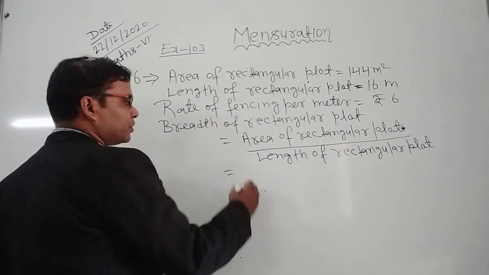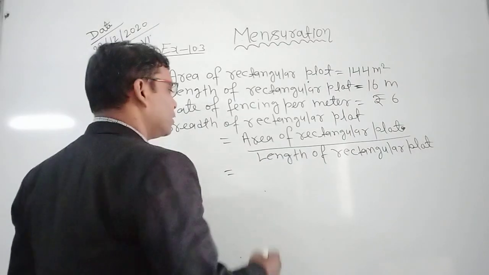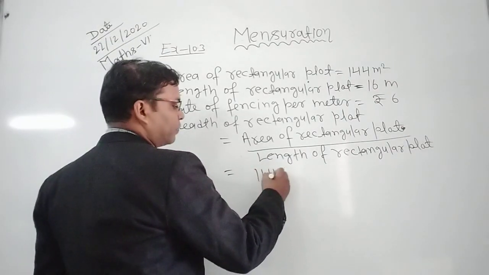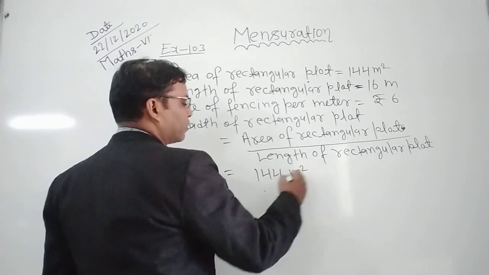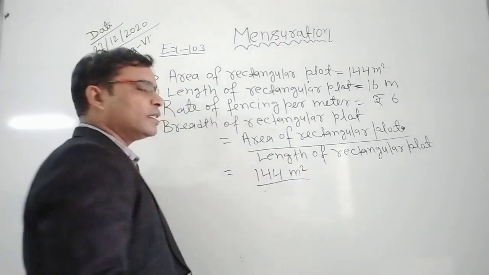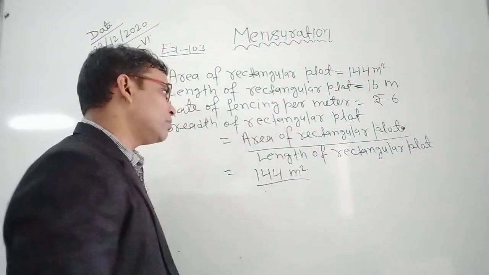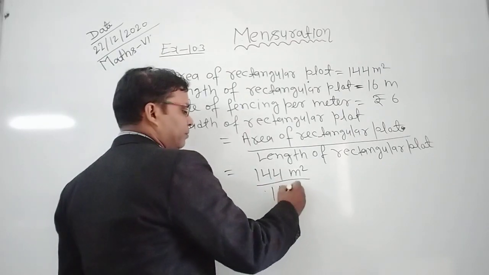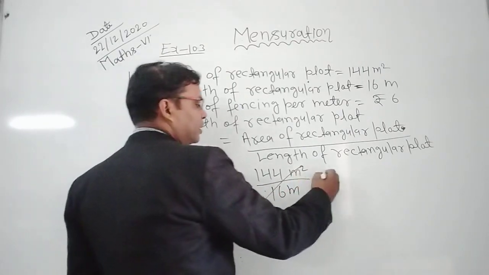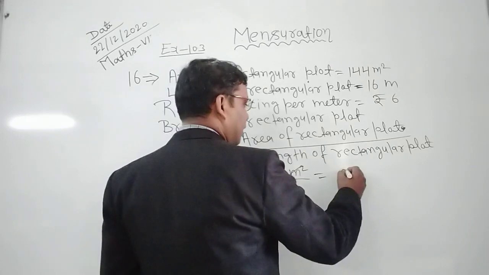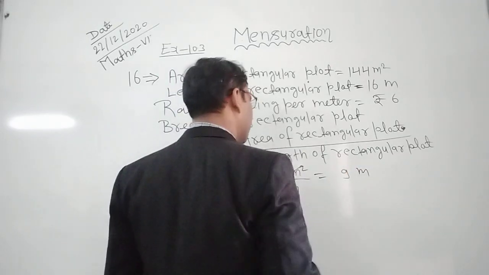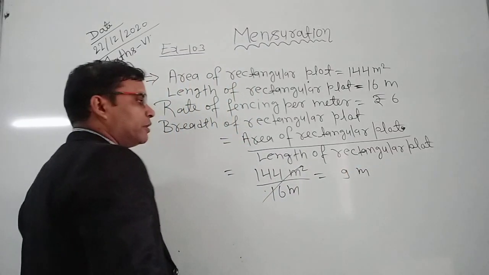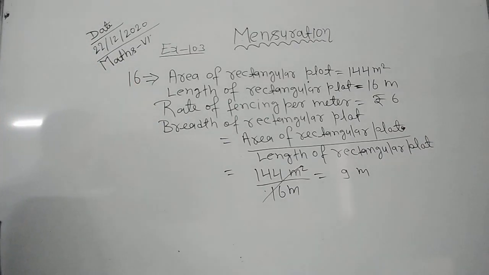Area of rectangular plot is given here 144 meter square, and length of a rectangular plot is also given here 16 meter. If you cancel them, then you get 9 meter. 9 meter is the breadth of the rectangular plot.